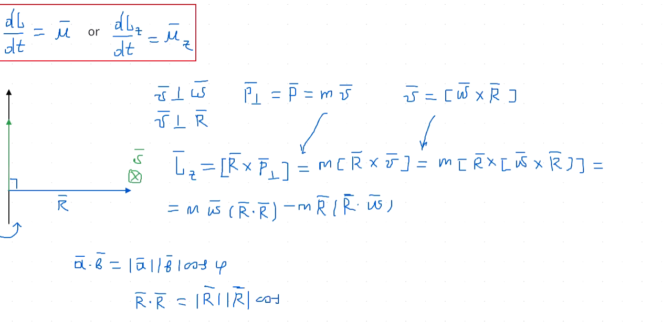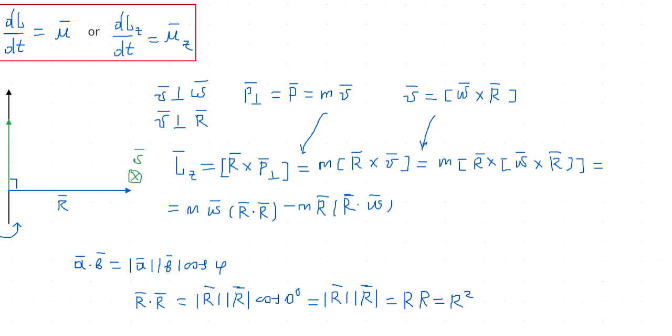The angle will be zero. And from here we have that this is equal to R and R, and this is equal to R, and this is the same as R squared.